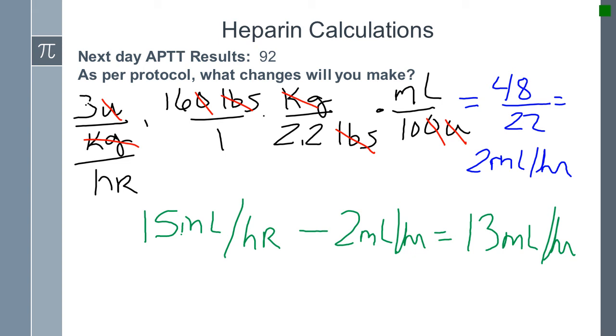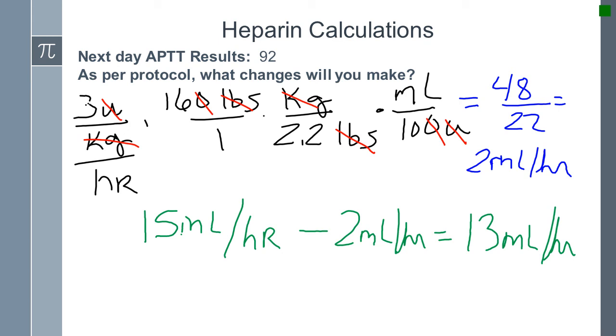A kilogram is 2.2 pounds. Our heparin comes 100 units in a mil. So our units cancel, our pounds cancel, our kilograms cancel.